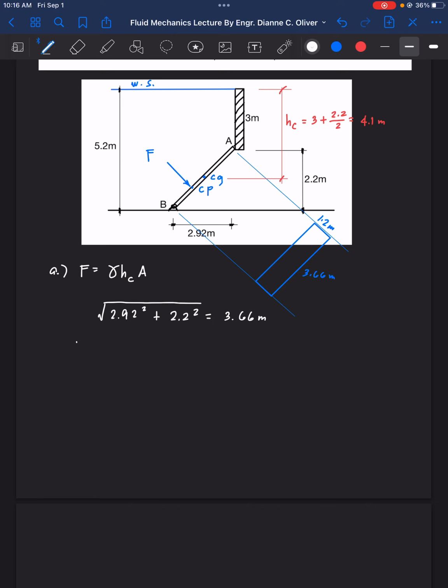So we now have here our force is equal to 9.81, the unit weight of water, times HC 4.1, times the area, which is 1.2 times 3.66. So that is now our force.